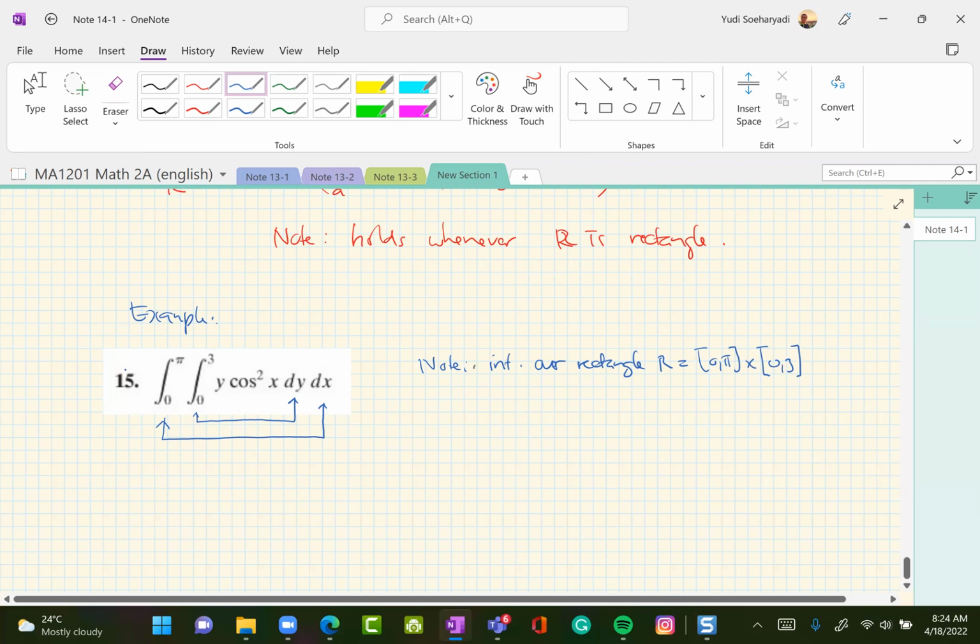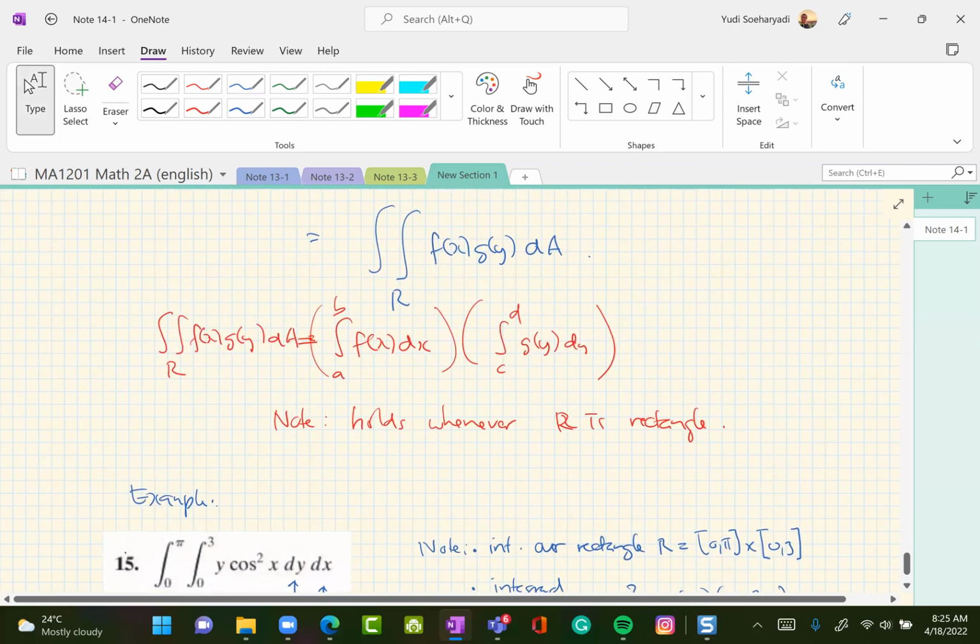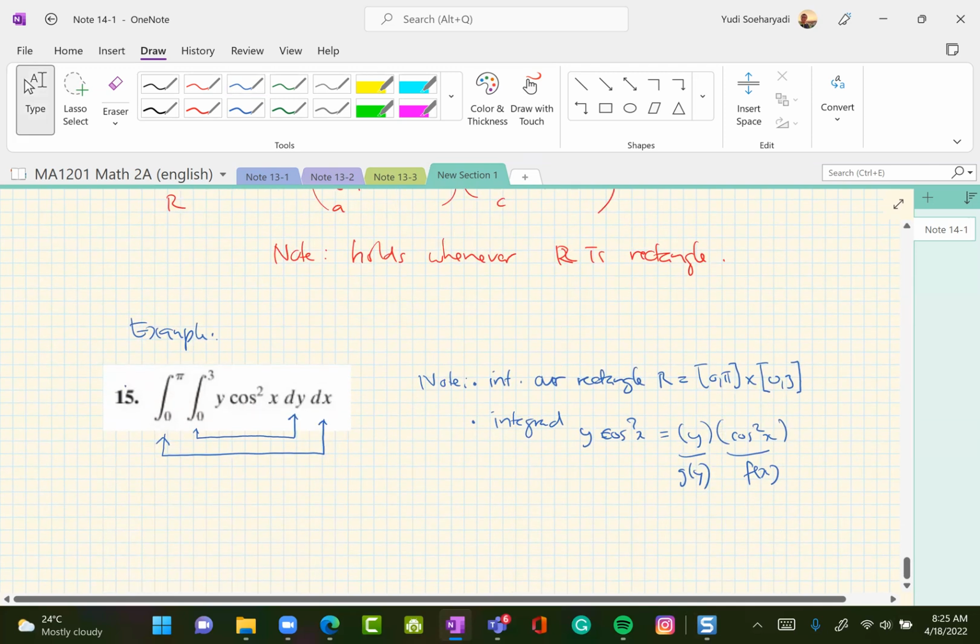And the integrand is cosine squared of x times y. That is a product. So this is f of x times g of y. This is the case when you can just compute the integral separately as one variable and then take the product out.